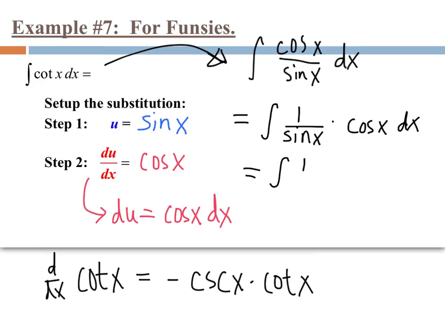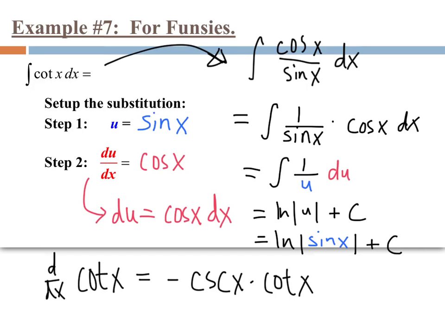Now if we substitute in the u's, we get 1 over u times du. Same integral as before, so we'll get the same answer, natural log of the absolute value of u plus c, which gives us natural log of the absolute value of sine of x plus c.